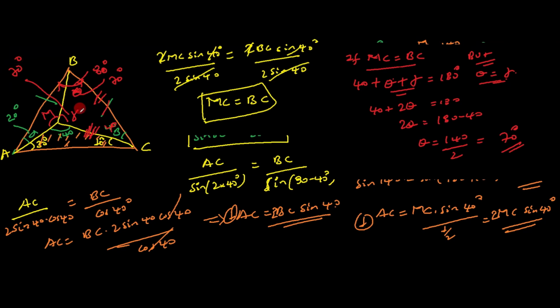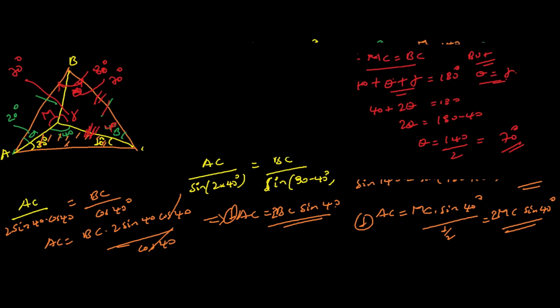Now if these values are 70 degree, what are the values of the angles? Now we found 10, we found this one 40, this one 70, this one is 70.